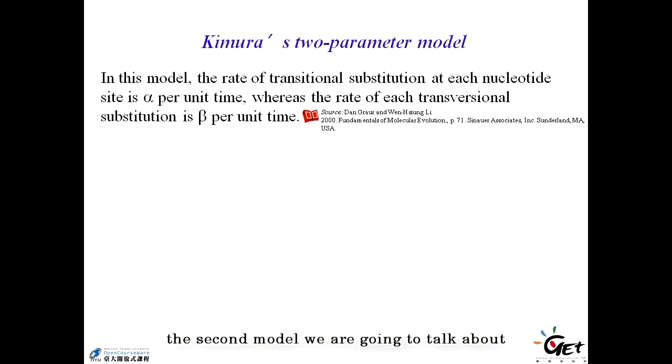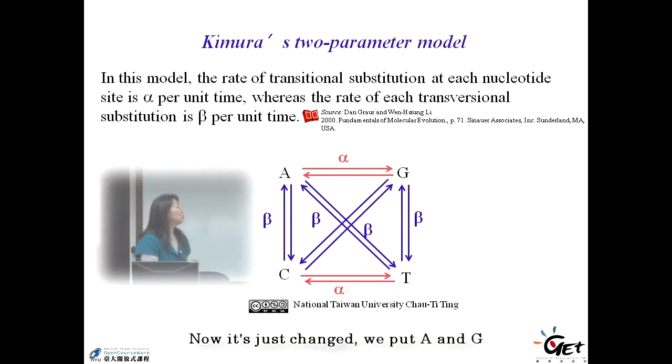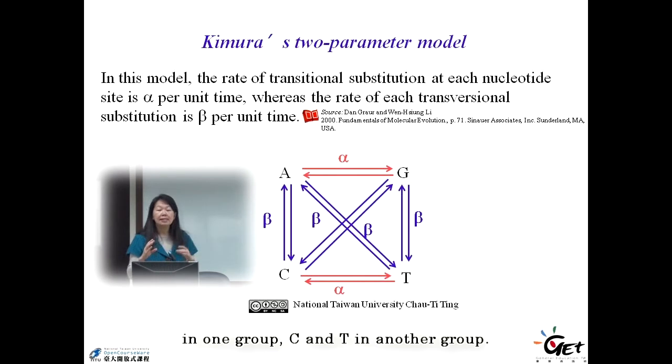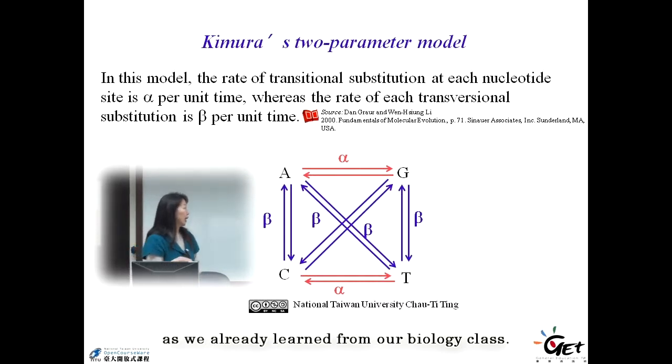For example, the second model we are going to talk about is the two-parameter model. The two-parameter model is just one additional parameter, beta. Remember the diagram we showed at the beginning of this chapter for the one-parameter model? Everything was alpha. Now it's changed. We put A and G in one group, C and T in another group, based on the chemical property that we already learned from our biology class.